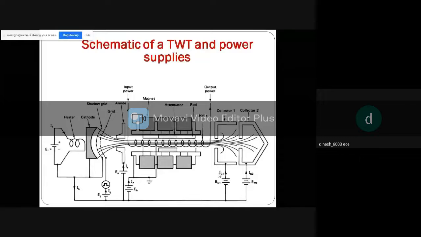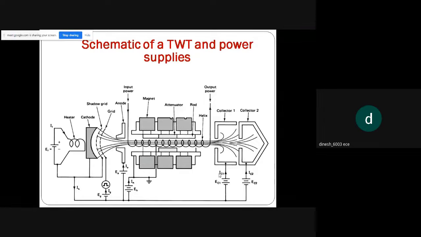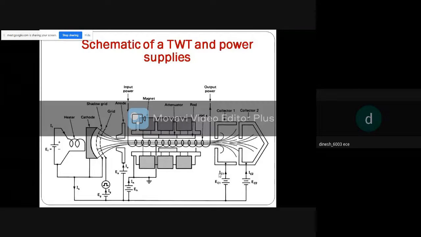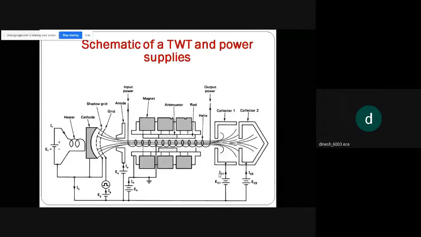So we have a power supply, we have a heater, cathode, followed by the grid. The electrons which are generated are attracted towards your anode in a single structure through magnets. Magnetic fields on both the ends confine the beam, and it is collected at your collector. And when the power is given, it takes a helical path and it moves towards the output power. So taking a helical path. Okay.